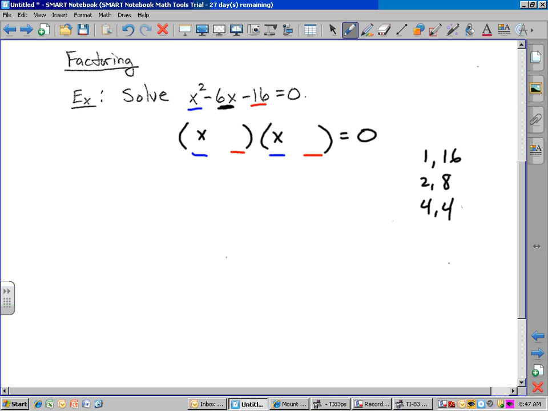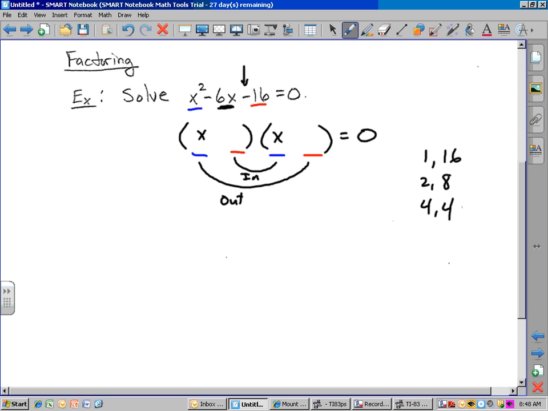And to do that, we have to look at the outside and the inside. If we multiply the outside together, and then we multiply the inside together and either add or subtract, that should give us that middle term of negative 6. Also, another thing that we have to keep track of is the signs. The second sign here is a negative.